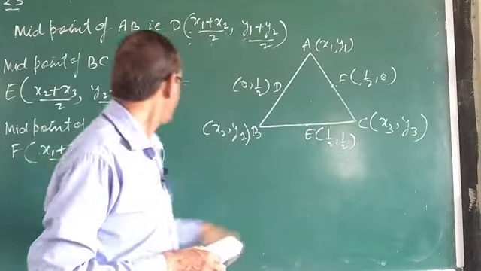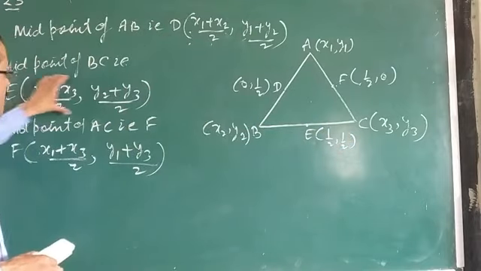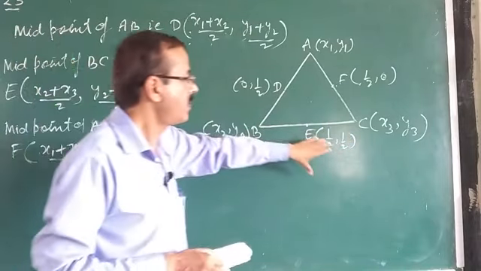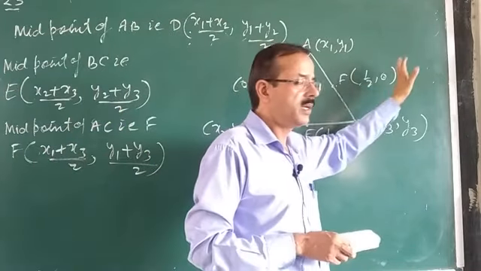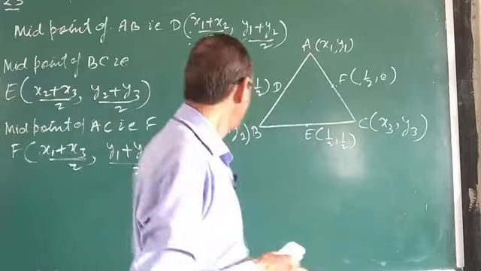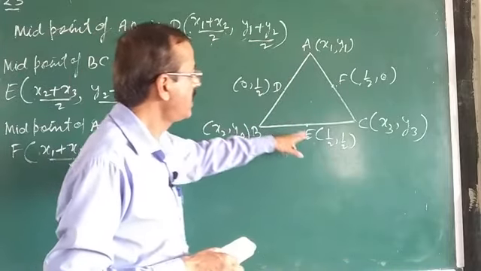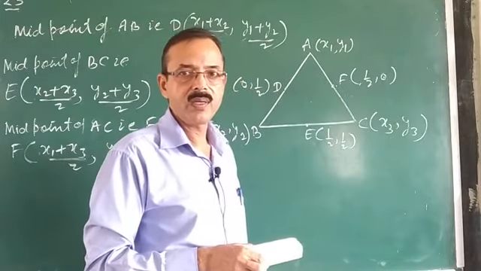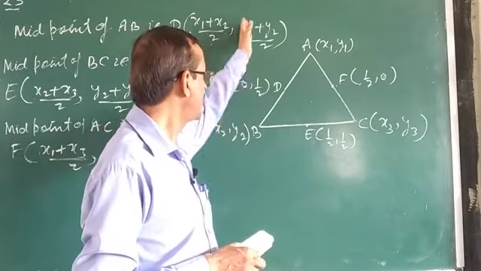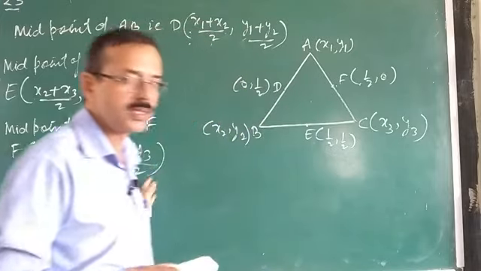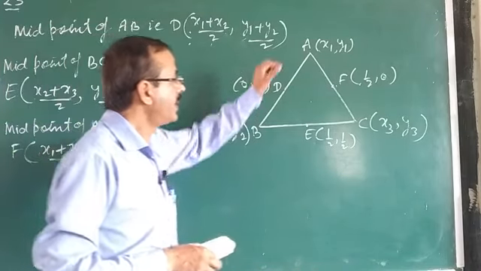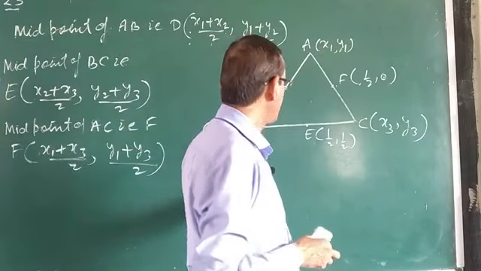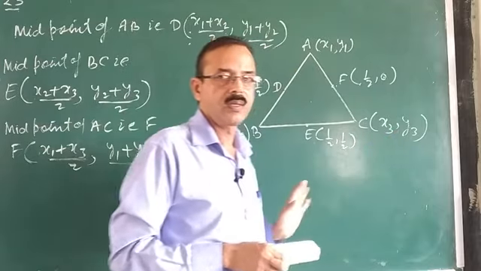E is (1/2, 1/2), and F is (1/2, 0), because these are also the same midpoints. So the midpoints will not be different. So we can write this equal to that, this equal to this, and that equal to this. Right? What we have to find is x1, y1, x2, y2, x3, y3.